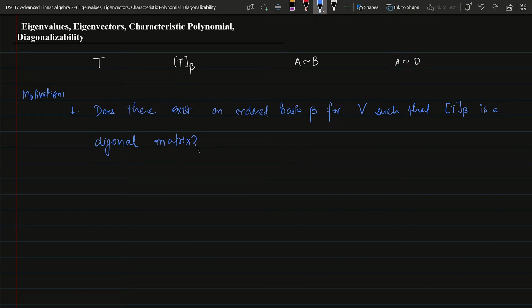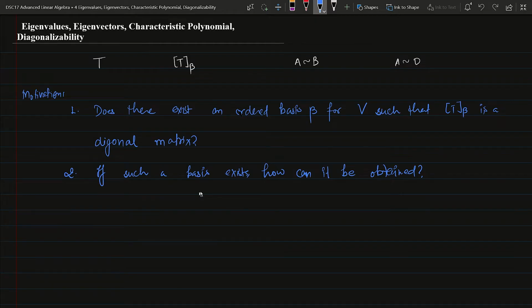And the second is: if such a basis exists, then how can it be obtained? So these are two motivations for us; in the whole lecture we will study around these two questions.